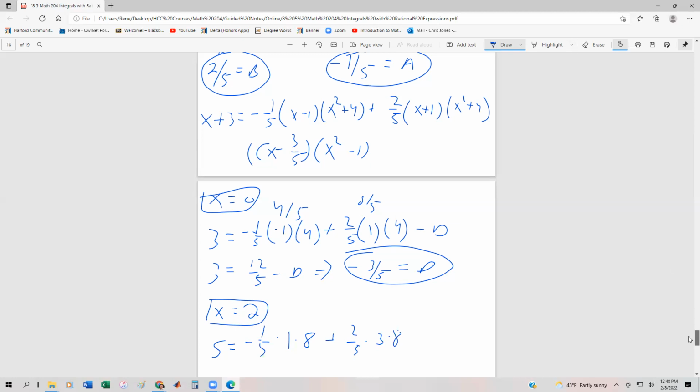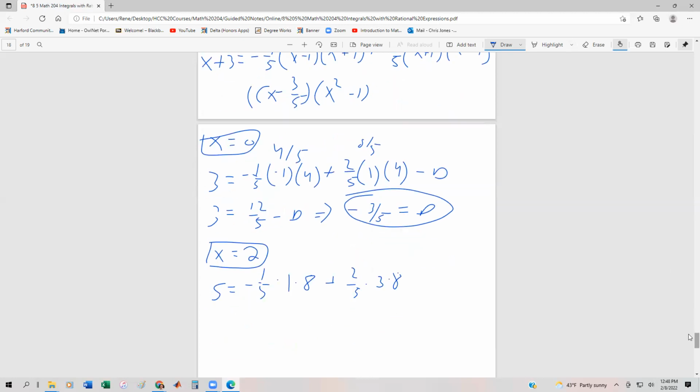We still have cx plus d minus 3/5. So we have plus our cx plus d. And remember that x was 2, so it'll be 2c minus 3/5, and that's going to be times 3 when we do this.